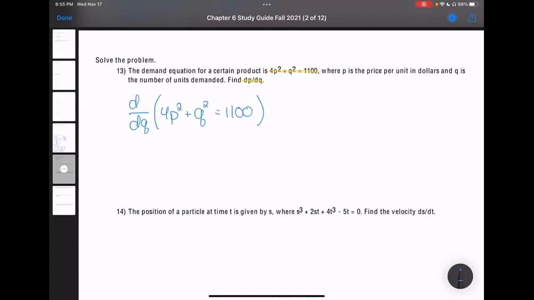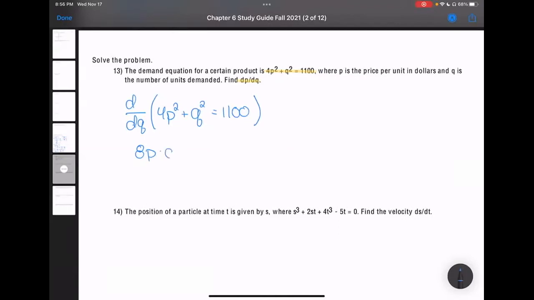Derivative of 4p squared is 8p times dp dq, plus, now since it's with respect to q, we don't need another dq over dq.